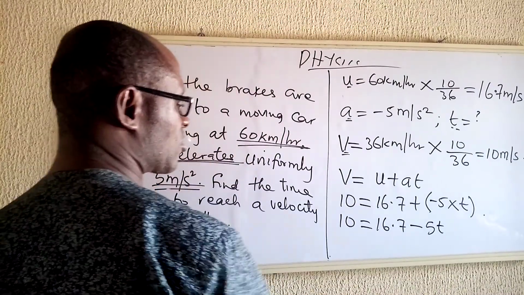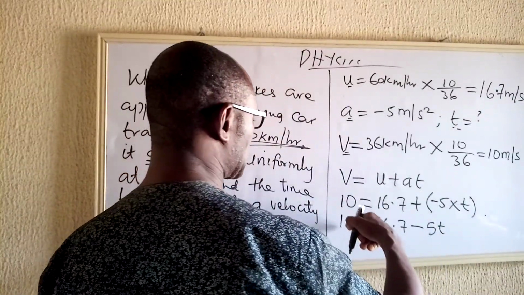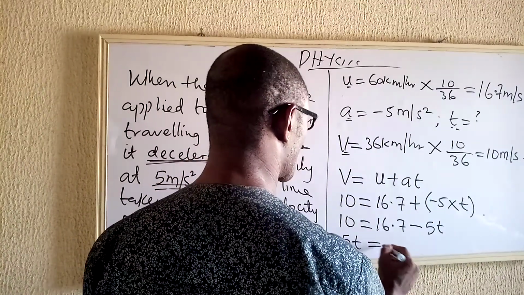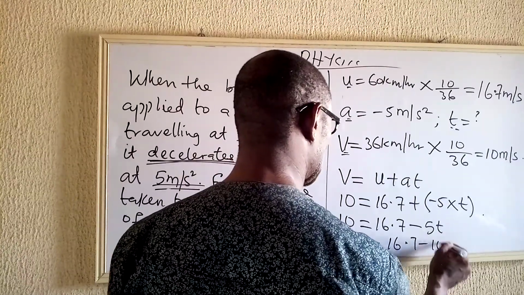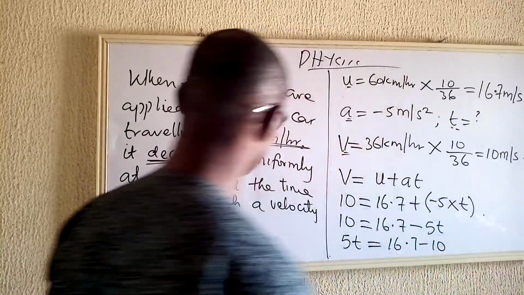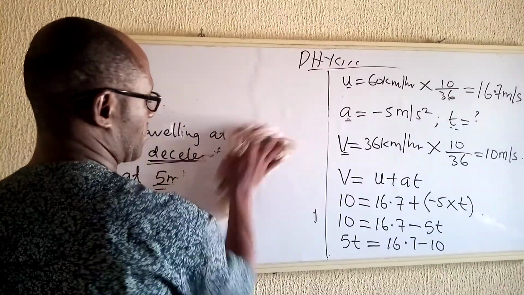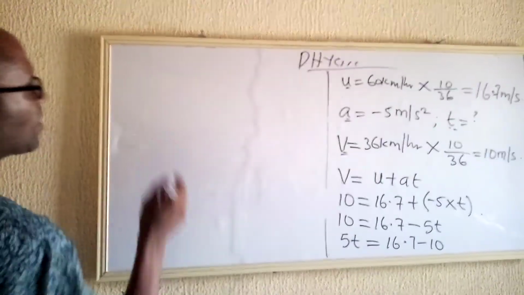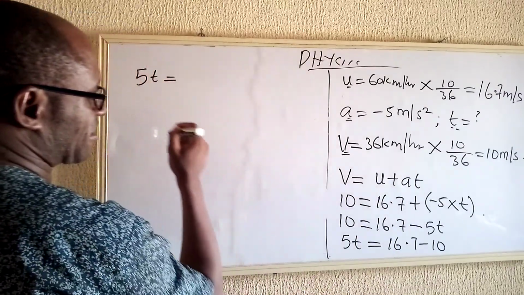Now let's do a bit of mathematics here. So minus 5t will come here and become plus. 10 will come here and become minus. I mean we have 5t equals 16.7 minus 10. So 5t will be 6.7.